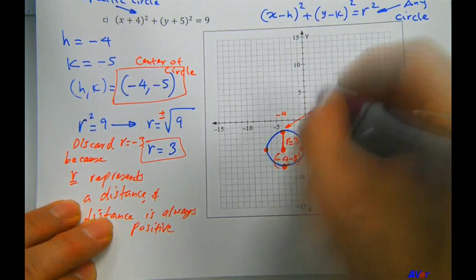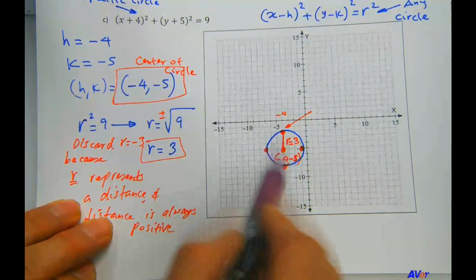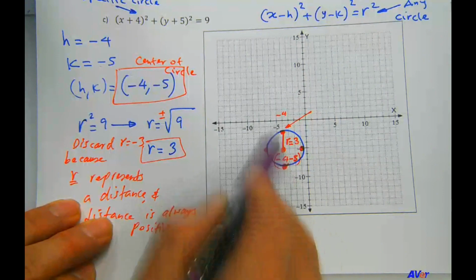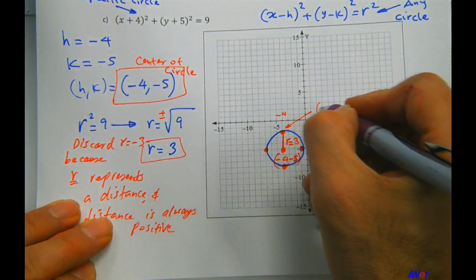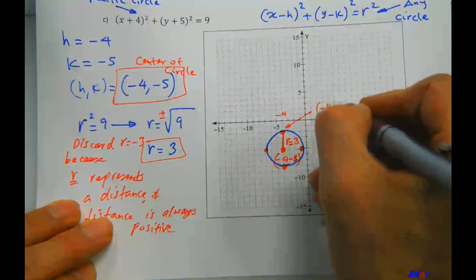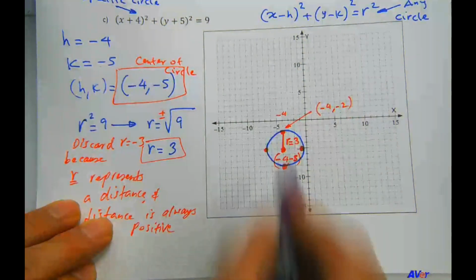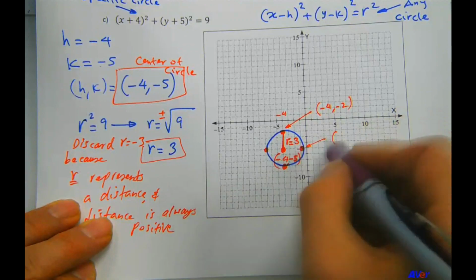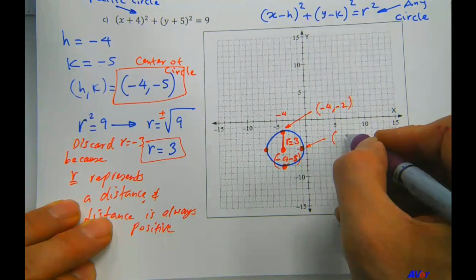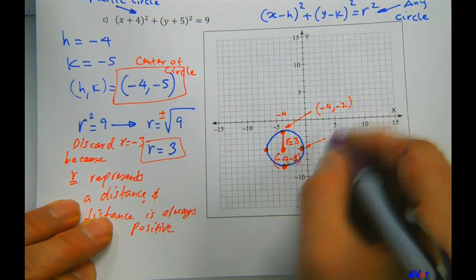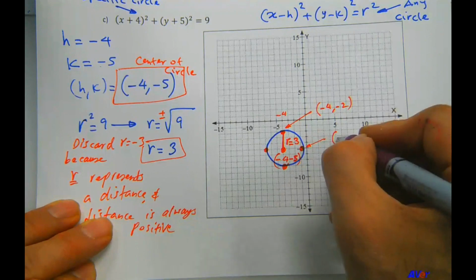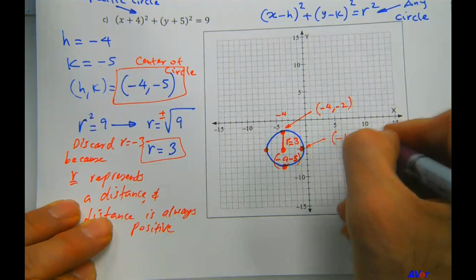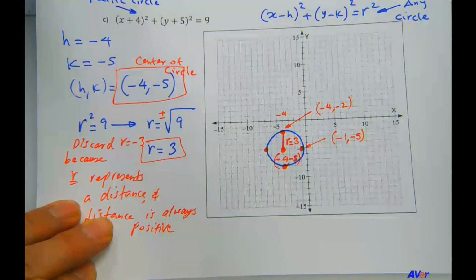That point is 3 units higher than this, so that'll be -4, comma, -2. That point is -1, comma, -5, right?